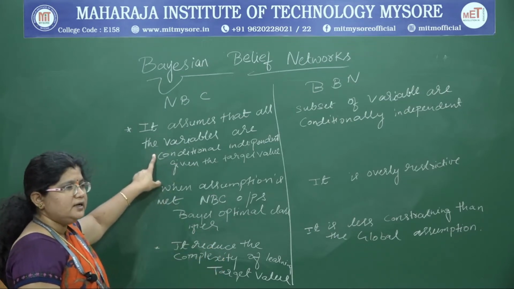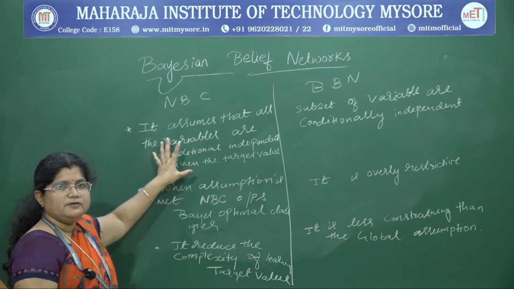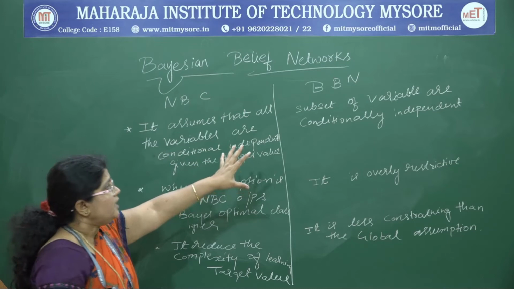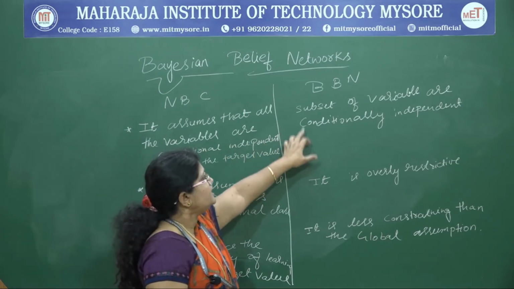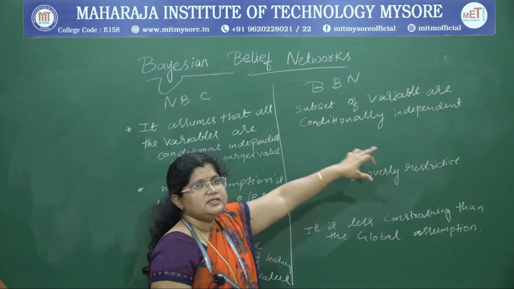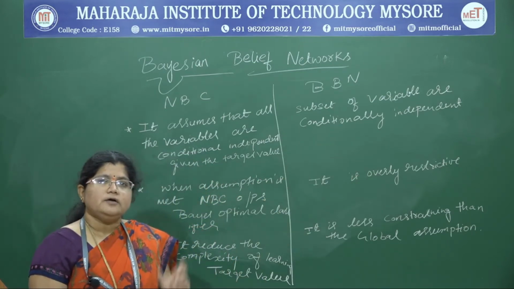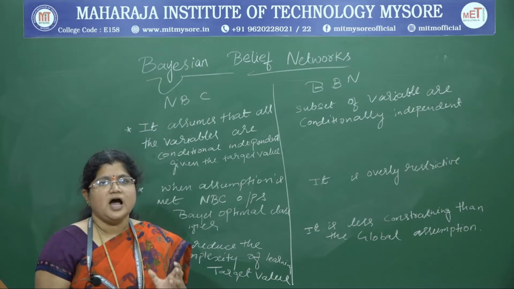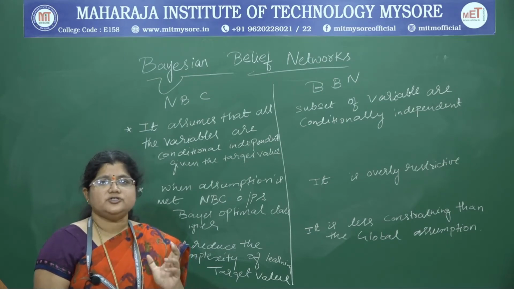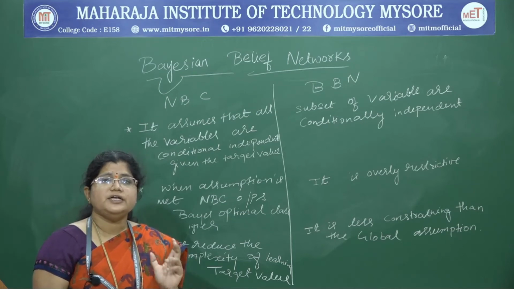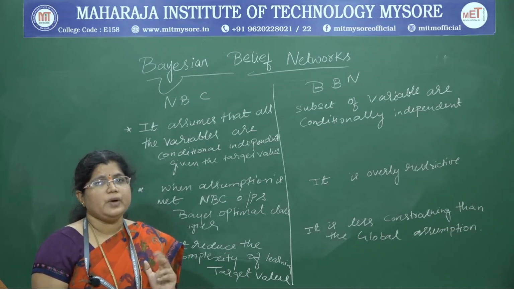In a Bayesian belief network, a subset of variables are conditionally independent, but a few variables have their own dependency on other variables, and also depend on the target value.